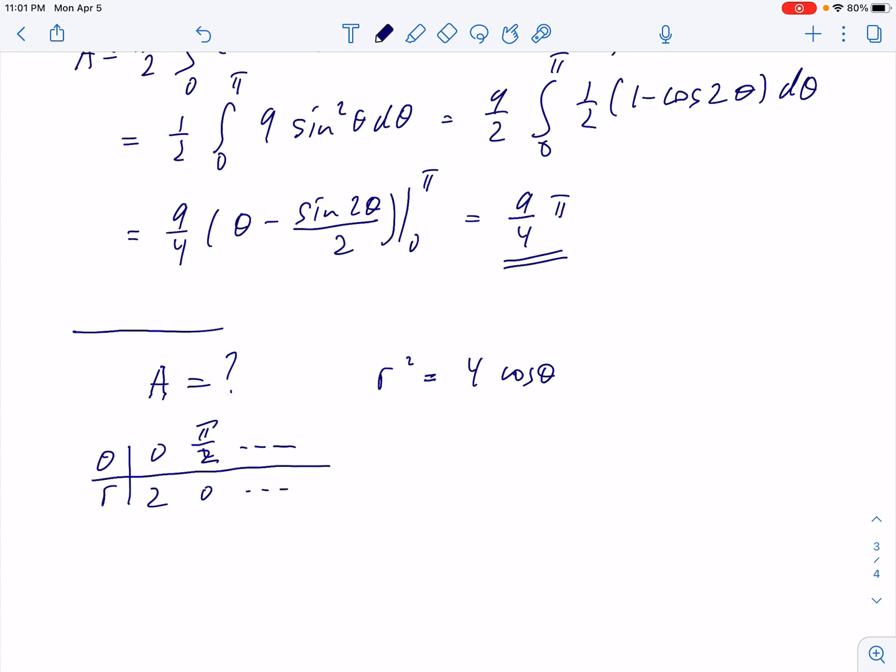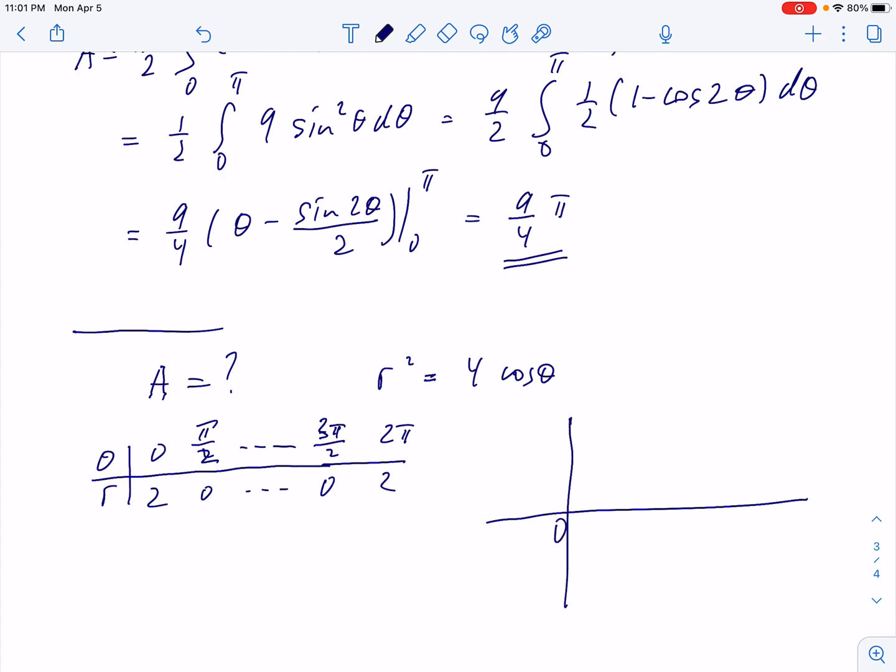Again, cosine becomes positive from 3 pi over 2 to 2 pi. So we continue from 3 pi over 2, where cosine is 0, radius is 0, and then next step 2 pi, radius is 2 again. So we have such an interesting situation.